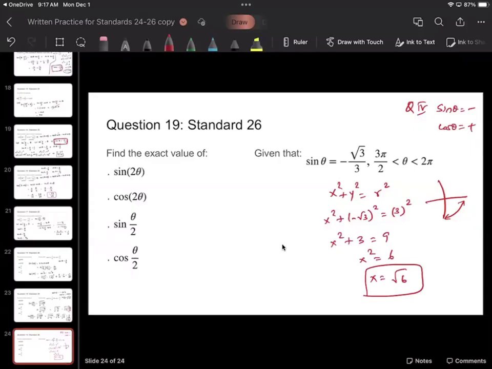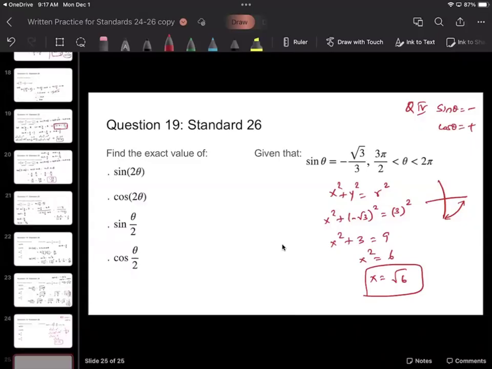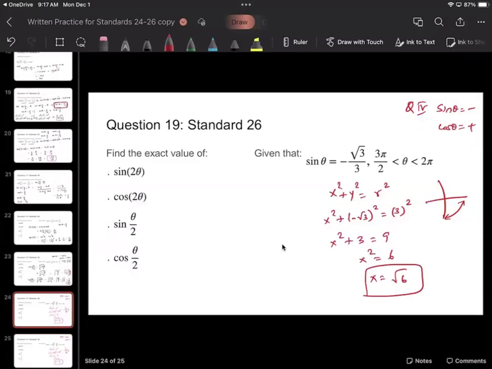Then I go back and write these because I know this already. Sine 2 theta is nothing but 2 sine theta cosine theta, which is 2 times, what is my sine theta? Negative root 3 over 3. What is my cosine theta? Root 6 over 3.